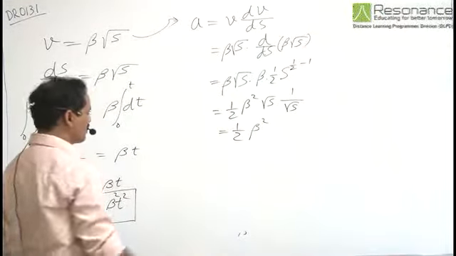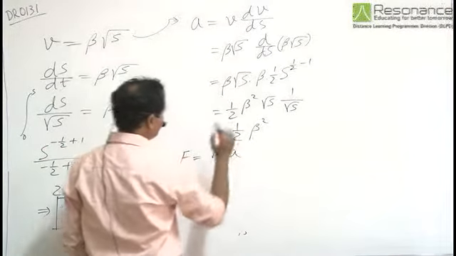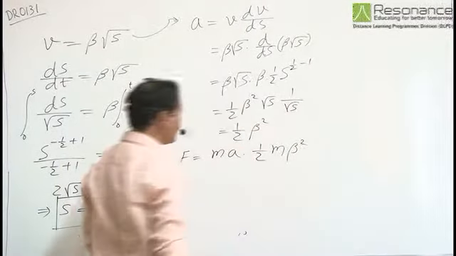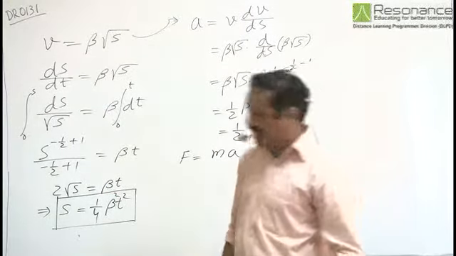This is acceleration. So force on the car is mass into acceleration, that is half m beta square. This is the amount of force acting on that car.